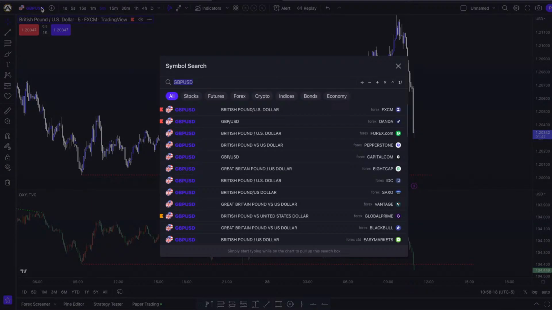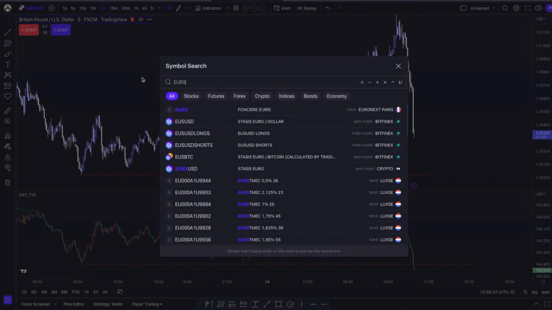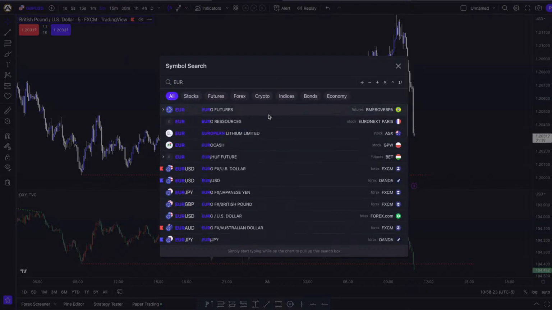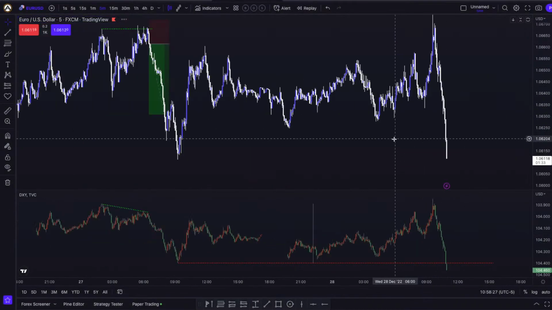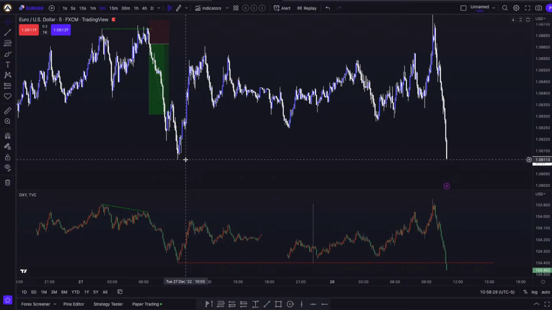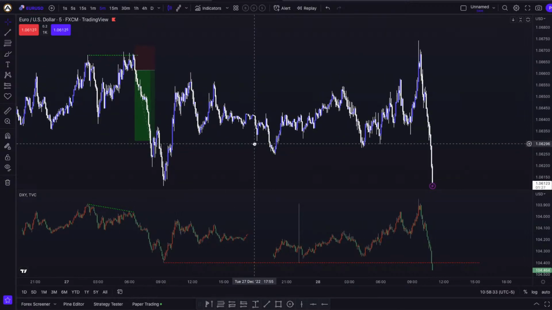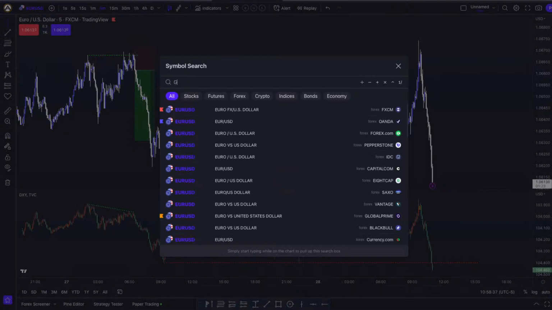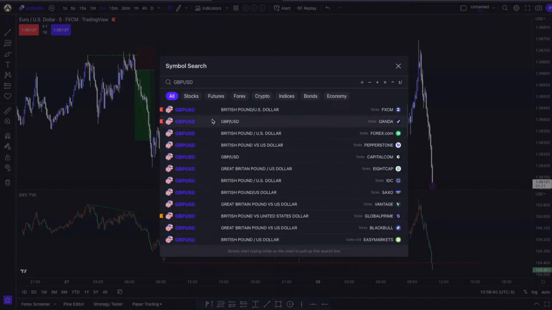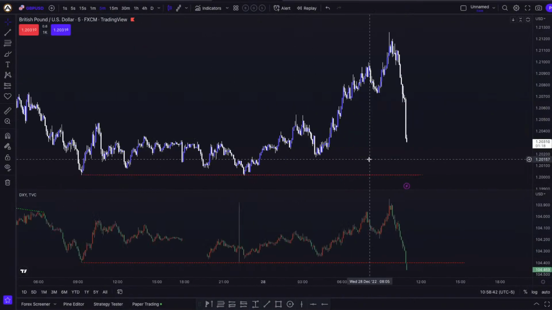We can compare it to Euro US dollar. On Euro US dollar we already broke the low. We are about to break this low as well. So yeah, we could be looking at SMT divergences for pound US dollar, or maybe it's just a matter of time until it's broken.